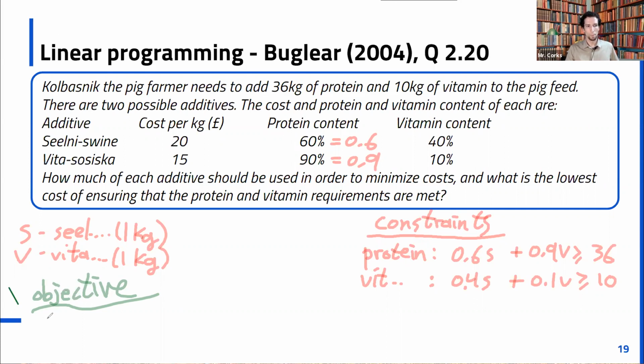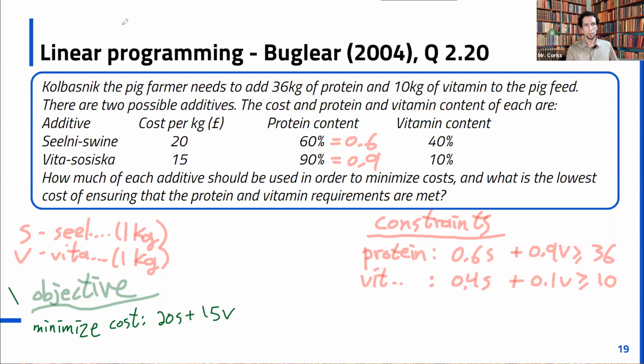Minimize costs. And how are we calculating cost? 20S plus 15V. Okay, good. So everything seems set up and working.